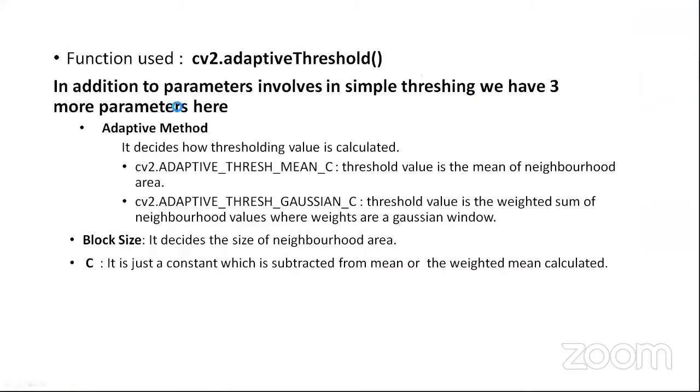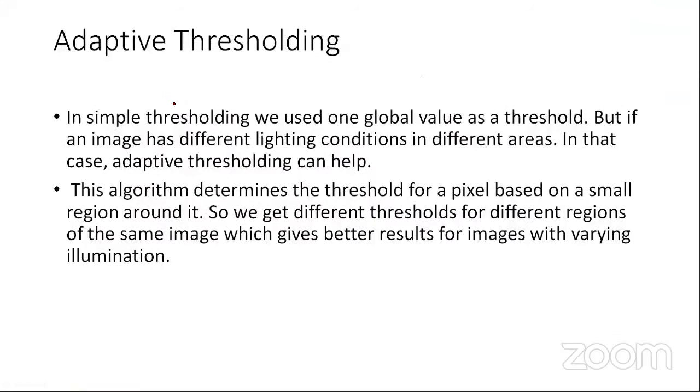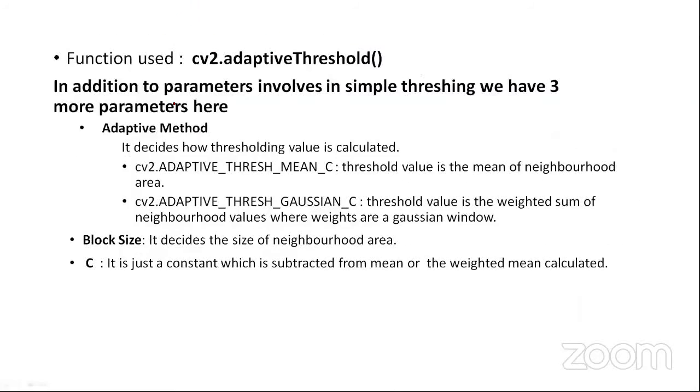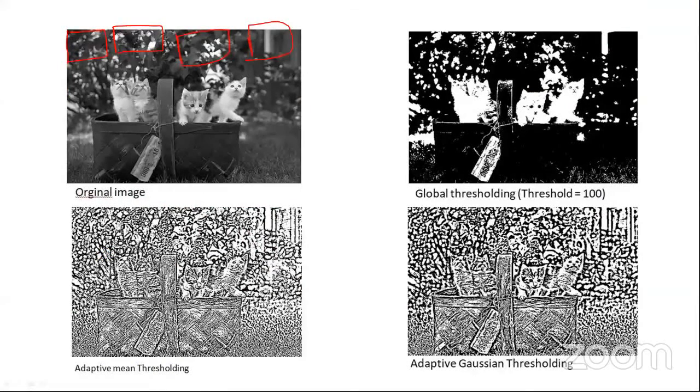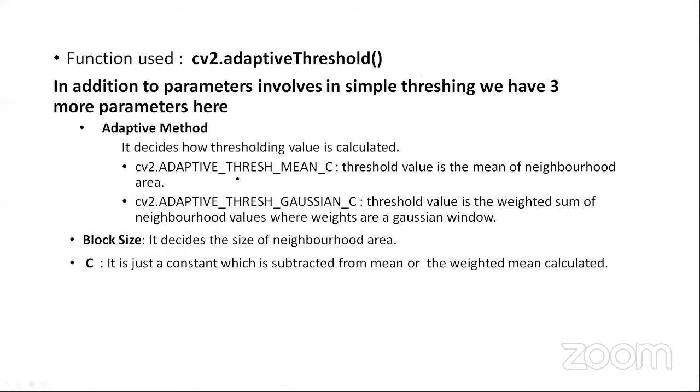Just go ahead. For adaptive thresholding, we have the function adaptiveThreshold. Apart from the parameters which we have used in simple thresholding, we have to give 2 more parameters. First is the area size, the neighborhood you are going to use. And the other is the method.